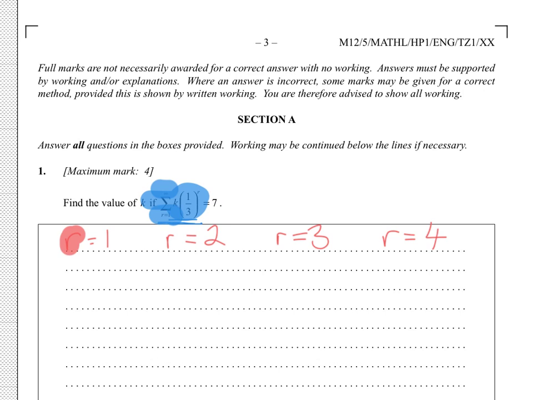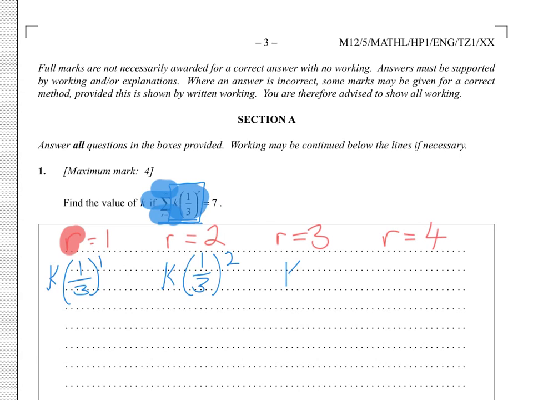So when r is 1, this term means k times a third to the power of 1. When r is 2, same expression, means k times a third squared.